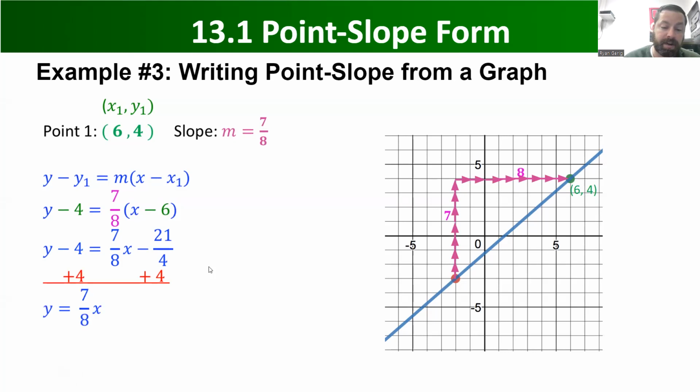I've got to get common denominators. 4 is like 16 over 4. So I multiply 4 by 4, and that gives me 16. And then the denominator of 1 times 4 is 4. Negative 21 plus 16 is negative 5. And the denominator stays the same. So it looks like it crosses through negative 1, but it doesn't quite. It actually crosses the y-axis at negative 1 1/4.